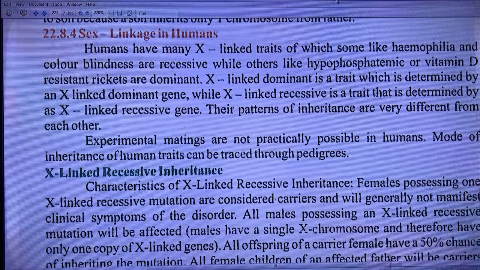An X-linked dominant trait is determined by an X-linked dominant gene, while an X-linked recessive trait is determined by an X-linked recessive gene. Their patterns of inheritance are very different from each other. Experimental matings are not practically possible in humans. This is the main important point. The mode of inheritance of human traits can be traced through pedigrees.